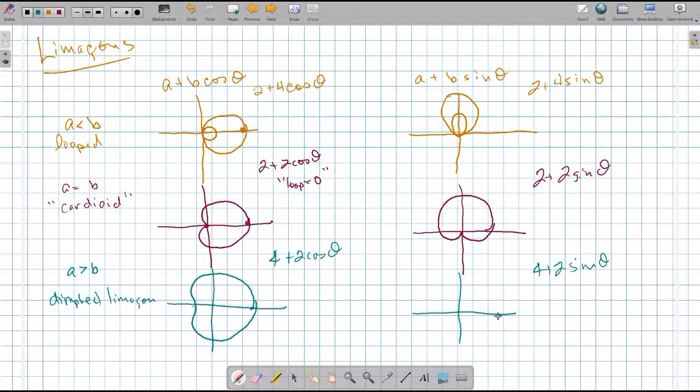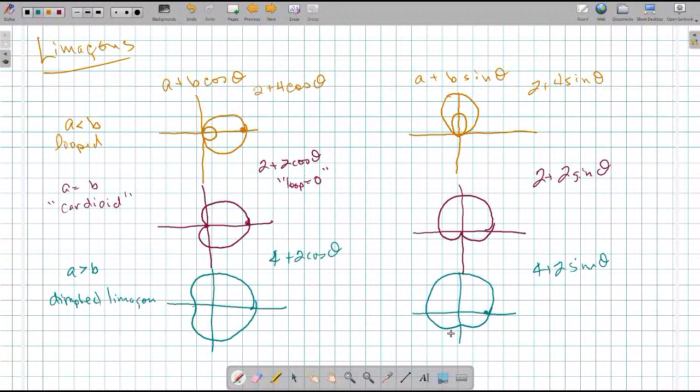I'm going to start 2 units away, and I'm going to be going around and then just making a slight indentation there. So these are our limaçons.